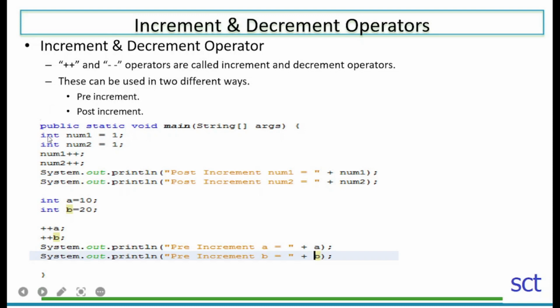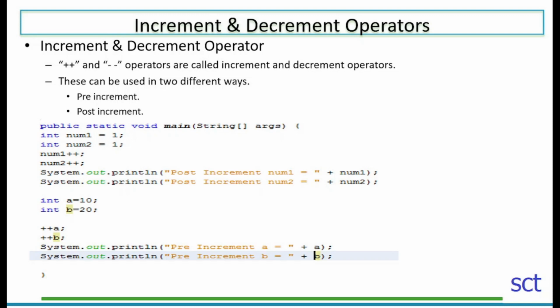A small example: I have integer num1 is equal to 1 and num2 is equal to 2 here. What I am doing here, num1 is equal to num1 plus plus, I am just incrementing by 1. Whenever I say num1 plus plus, it means num1 is equal to num1 plus 1. In the same way, num2 plus plus means num2 is equal to num2 plus 1.